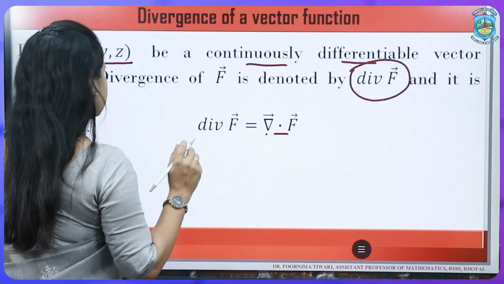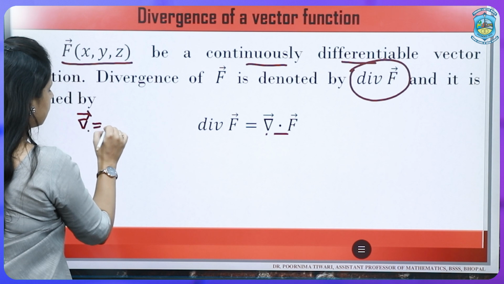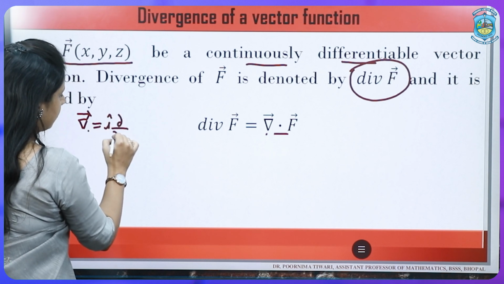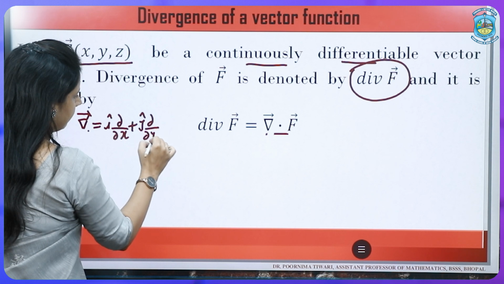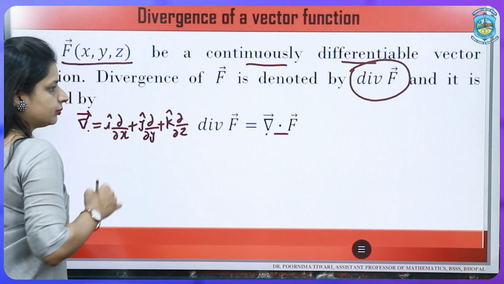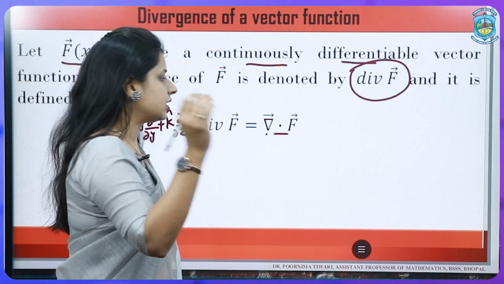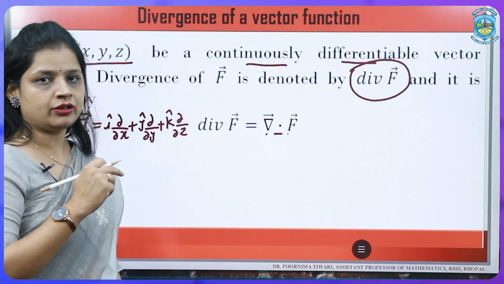We know that the value of this vector operator nabla is i cap del by del x plus j cap del by del y plus k cap del by del z. And this vector function f we can write in its component form.